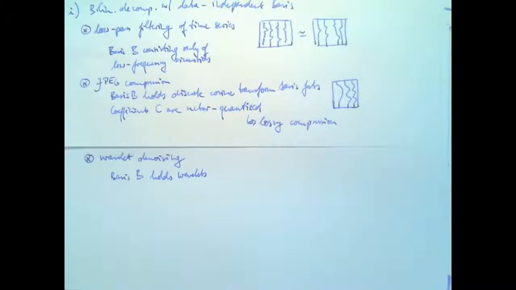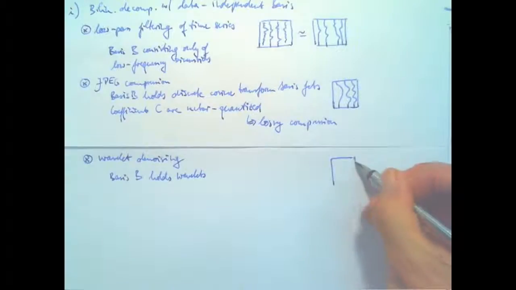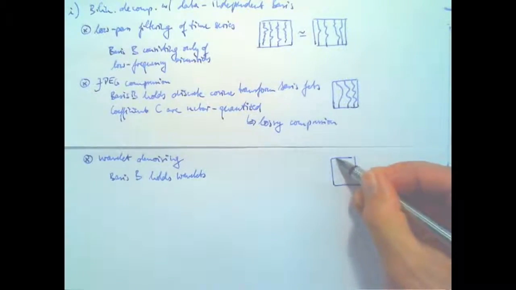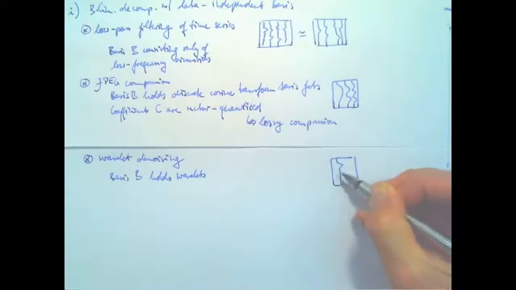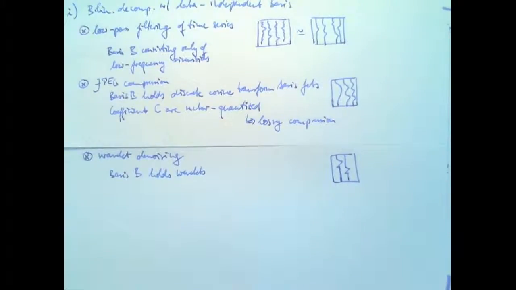So the basis B for wavelets could, for example, look something like that. We would have one component that fits data lying here, and another component that fits data lying there, and so on. And then there's a multi-scale hierarchy and many things that we cannot discuss now.